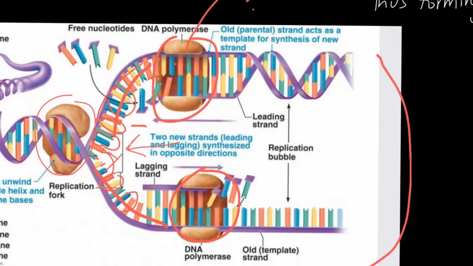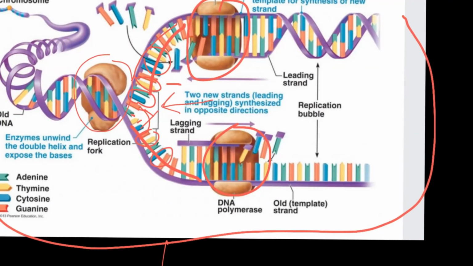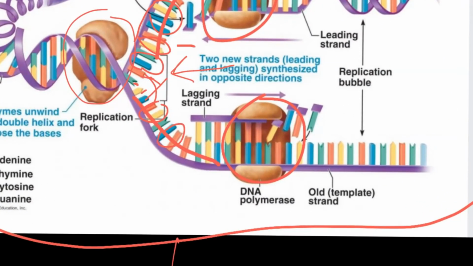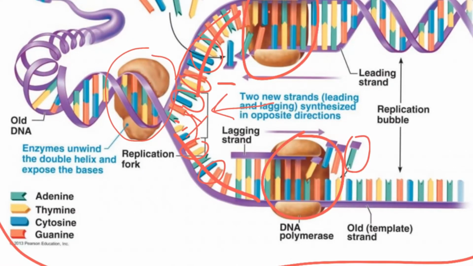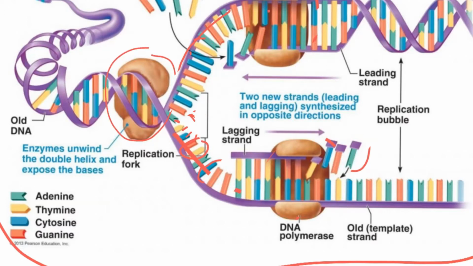So what free nucleotides are these guys right here. Let me give you an example. If this is DNA polymerase, these right here, the ones freely exposed, are free nucleotides.